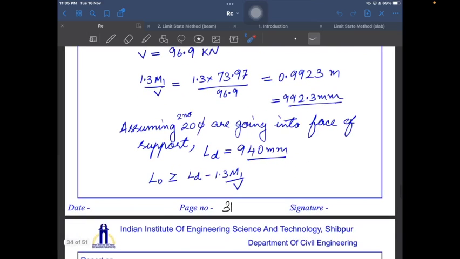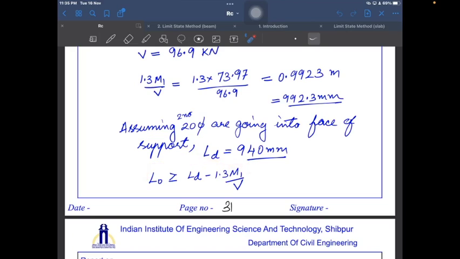Assuming two number of 20 bars going into the support, 20 bars have got 940 as their LD. So we are not assuming this one. Actually, we are sending natural, right?